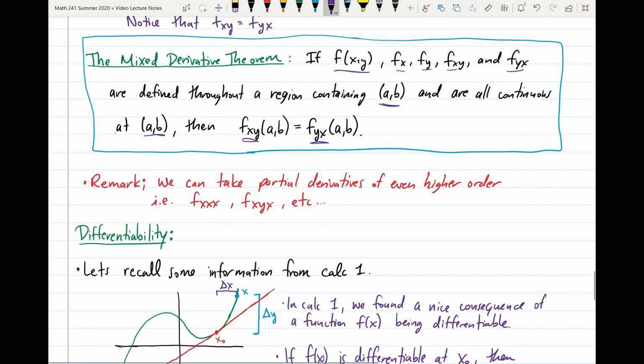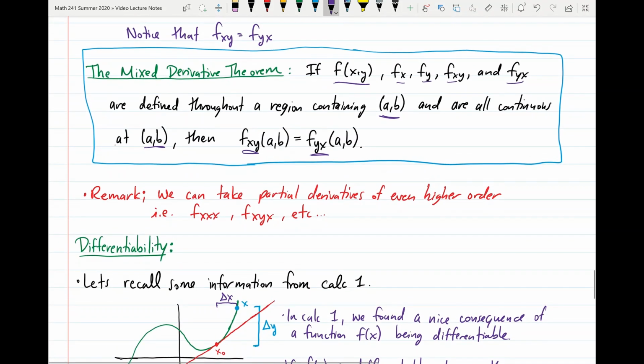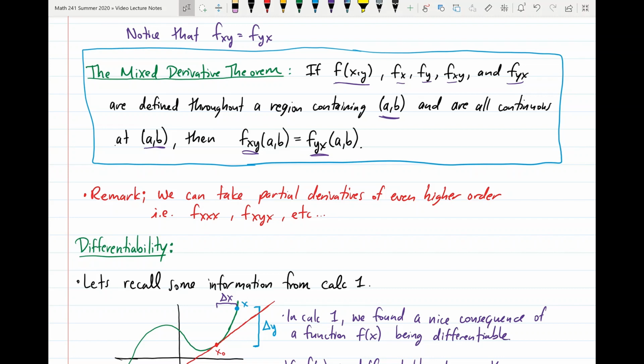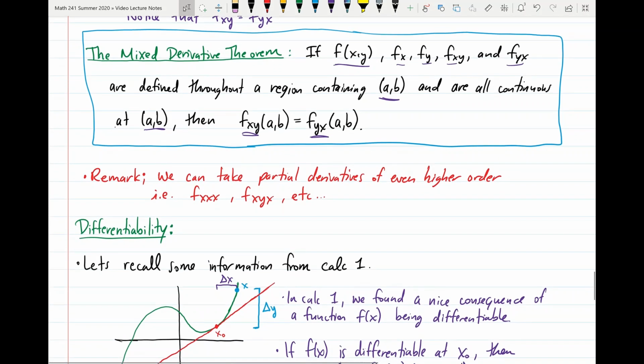So this is a nice little fact to know, and sometimes it can make calculating mixed partial derivatives easier because it allows us to choose the order that is most efficient for computation.